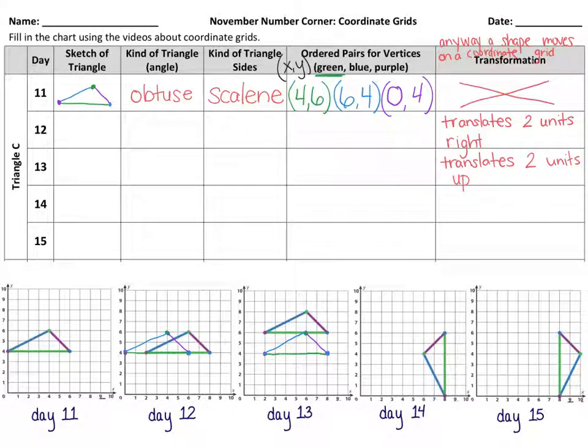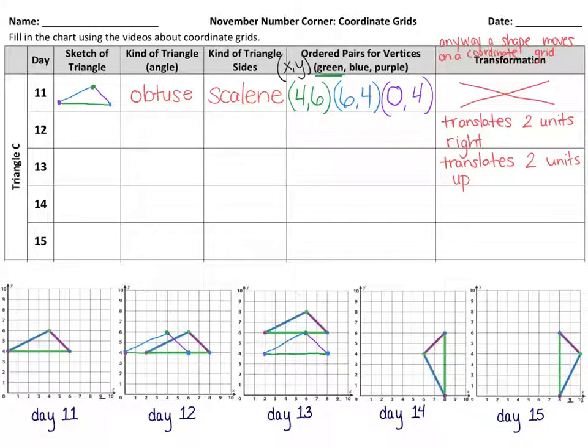All right, make sure that you have day 14 sketched, the kind of angle and sides that it has, and the ordered pairs. So again, we look at the green ordered pair first, and on day 13, it was at 6, 8.